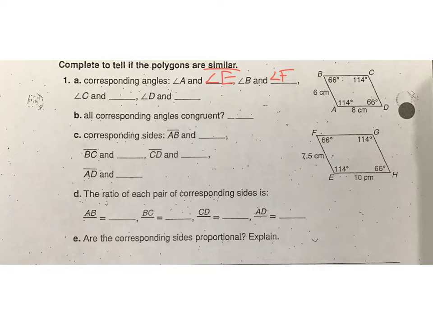Angle C is corresponding to angle G, both 114. And then angle D is corresponding to angle H. They're both 66 degrees.